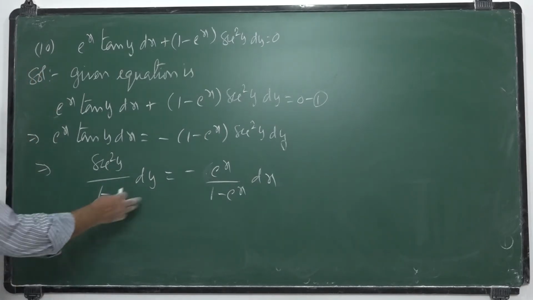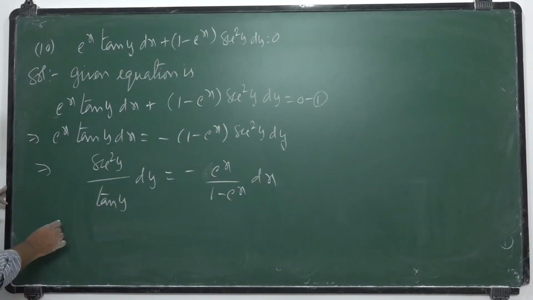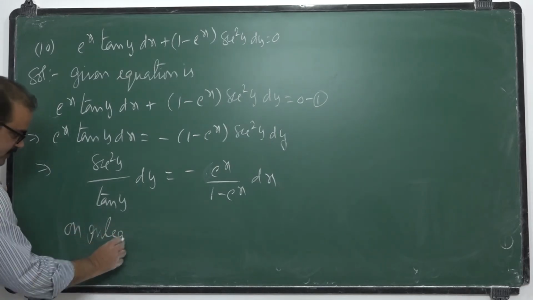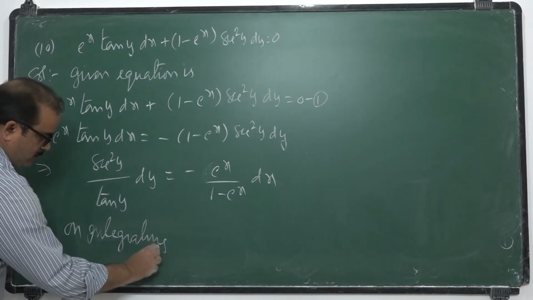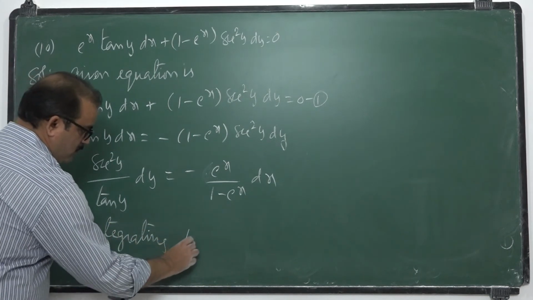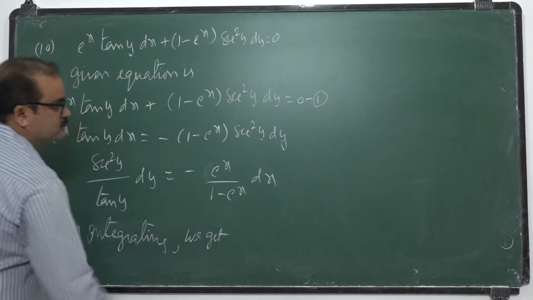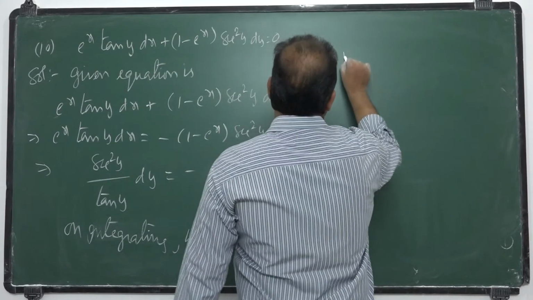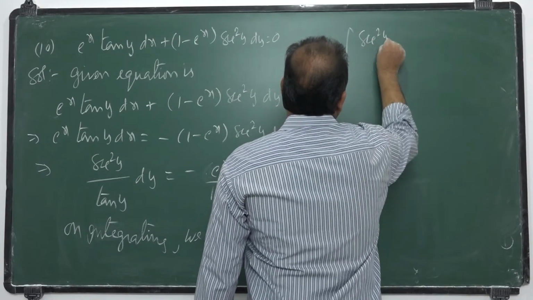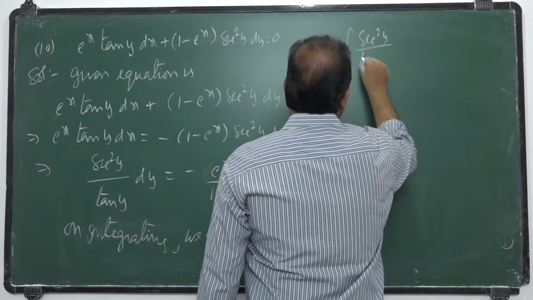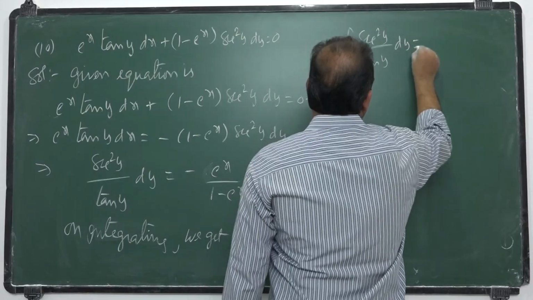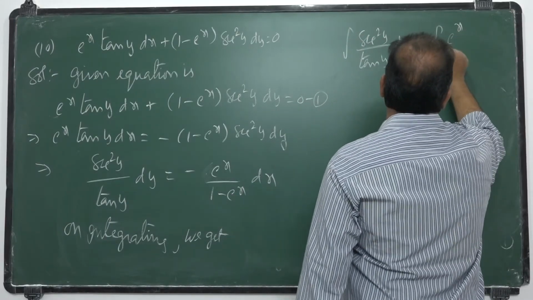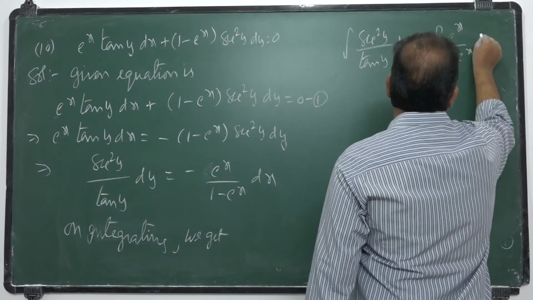Now integrating, we get, what is LHS? Integral of secant square y by tan y into dy is equal to minus of integral of e power x by 1 minus e power x dx.